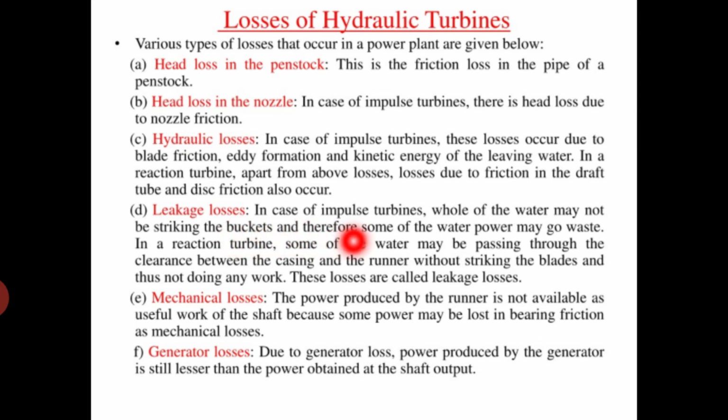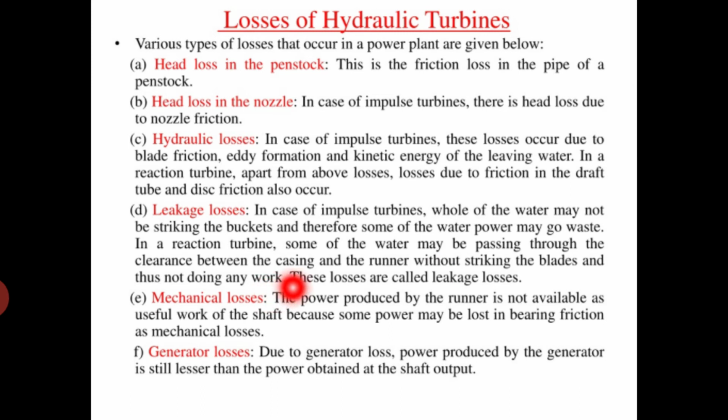In impulse turbines, the whole of the water may not strike the buckets, and therefore some of the water power may go waste. In a reaction turbine, some of the water may pass through the clearance between the casing and the runner without striking the blades, and thus not doing any work. These losses are called leakage losses.